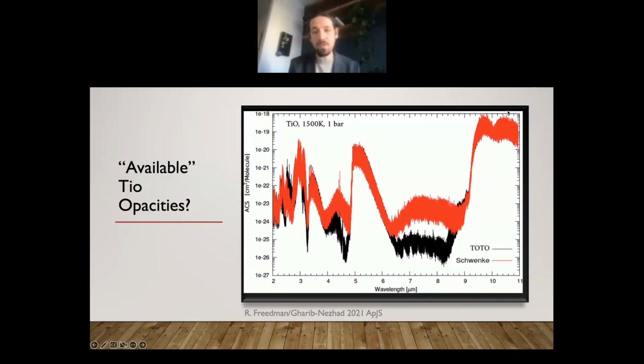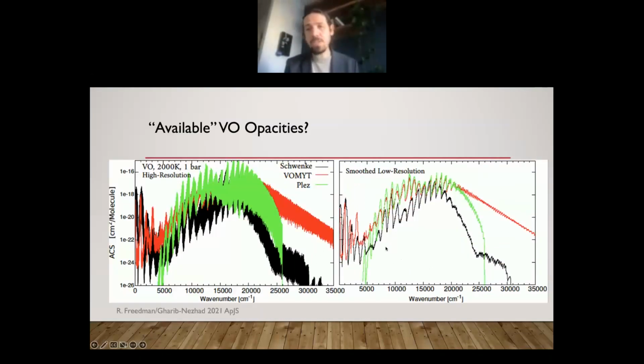For example, here you see titanium oxide, comparing two cases, and you see a big noticeable difference between 6 to 9 micron, and also around 4, around 3. And it's not only limited to TiO. For VO, it's the same story.